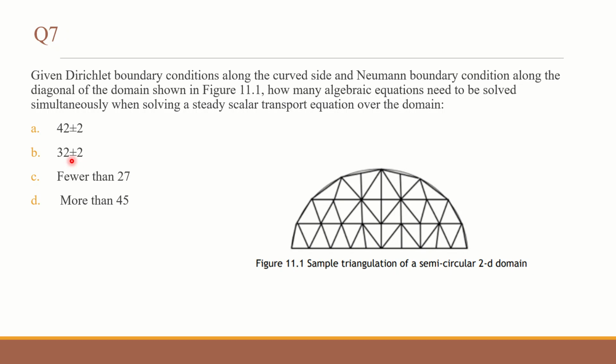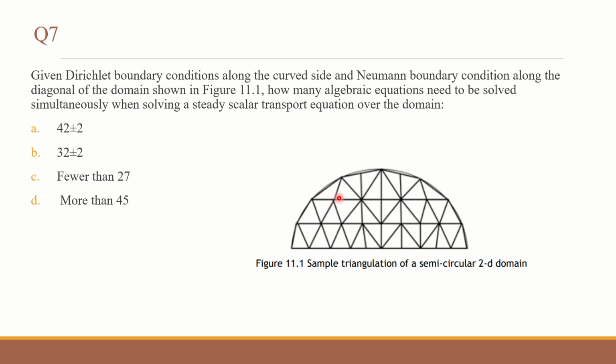So we are given Neumann boundary condition along the diagonal of the domain, and we are given Dirichlet boundary condition along this. So we will just first count the number of equations, the number of internal meshes.